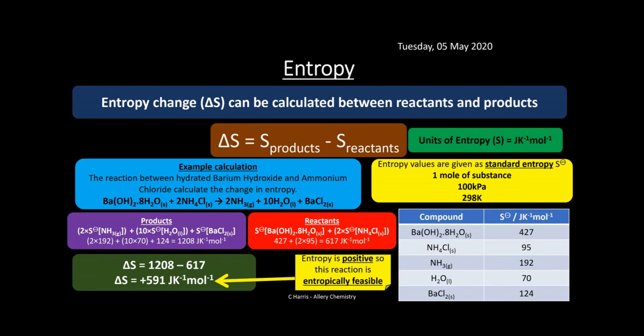Okay, so entropy is a positive value, so that means it's entropically feasible. A positive value for entropy is good, because that means we get a reaction that's feasible. A positive enthalpy value means that it's endothermic and is not feasible, so don't get them confused. Okay, positive entropy means favorable.